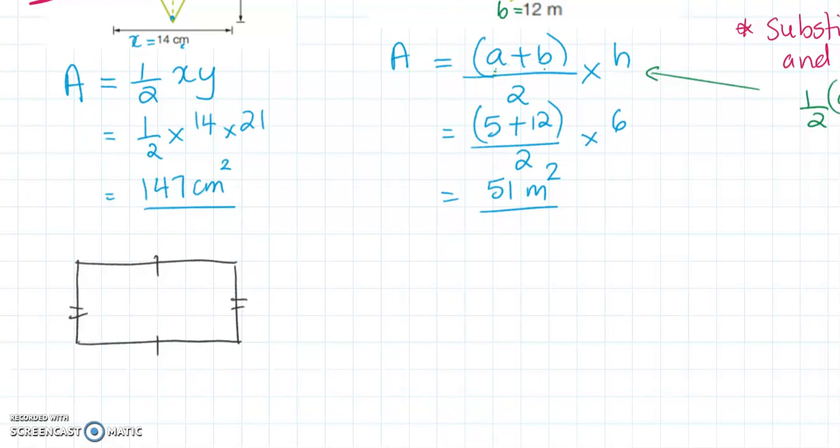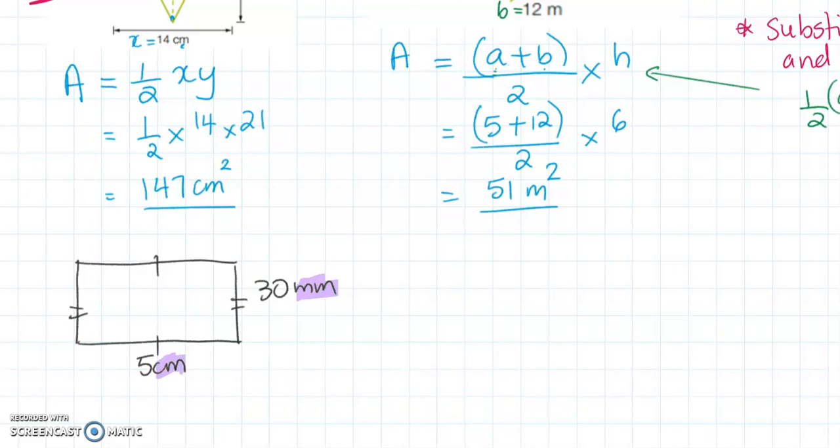An example: say this is equal to 30 millimeters, and this is equal to 5 centimeters. See how these two are different units.